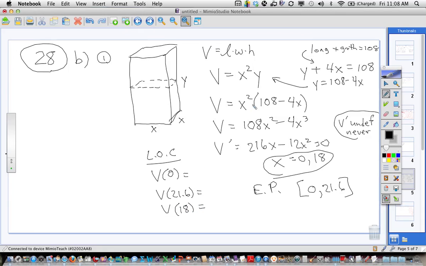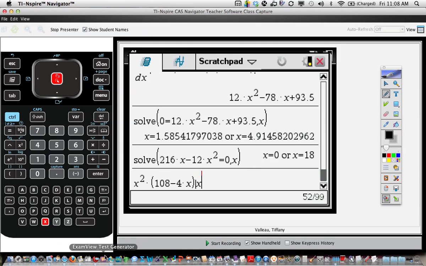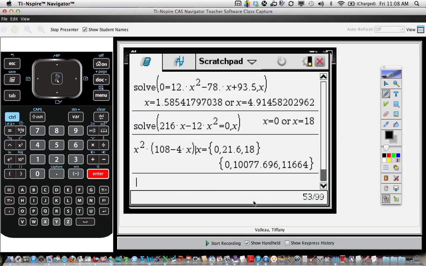It's pretty easy to see if x is 0, we're just going to get that. But the other ones, okay, and Tiffany's doing the curly bracket thing for us. There's a way of plugging all those in.